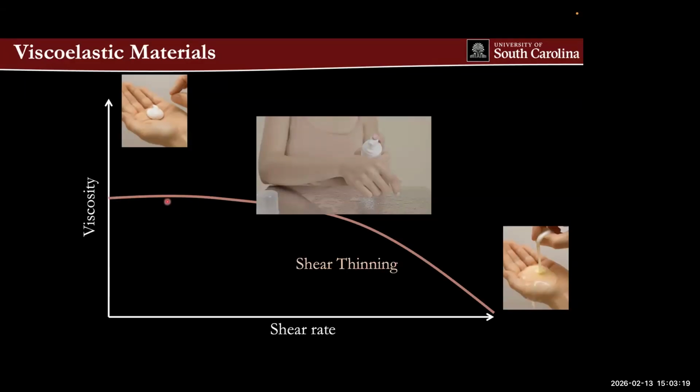When the shear rate is low, when you're not putting any force on them, they have a high viscosity. As soon as you start shearing them, like rubbing them against your hands, the viscosity decreases. That's why they can have both behaviors. They can behave like a thick material, but once you start shearing it, it goes easily into the hand. That's what we call a shear thinning material.